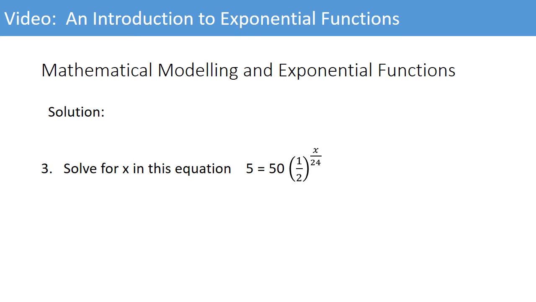Now we want to solve for x in the equation. Do we know how to do this? We could take 5 divided by 50 and we would get 0.1 is equal to 0.5, I put 1/2 as a decimal so we're working in decimals, to the exponent x divided by 24.